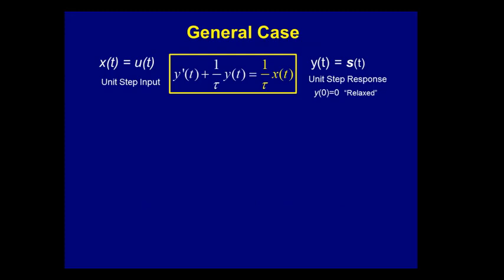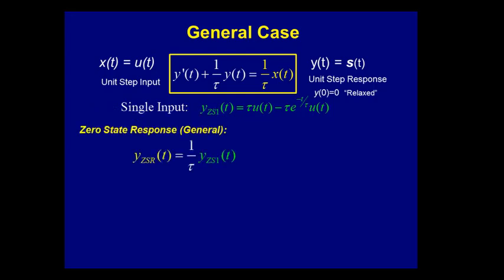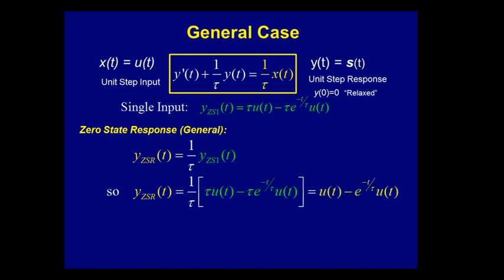Now if we generalize that for this equation, what do I do to this single input case zero state response to get the zero state response of the general system? Just divide by tau. So we'll take our zero state response for the single input case and divide it by tau.